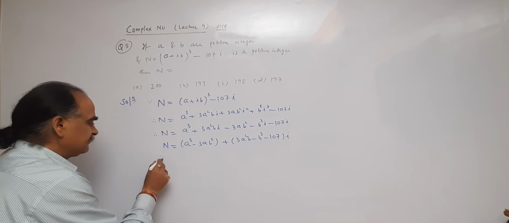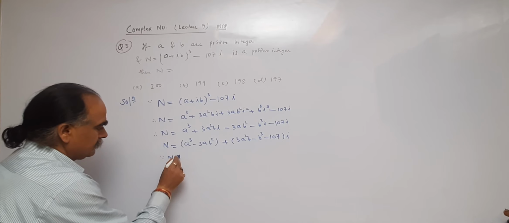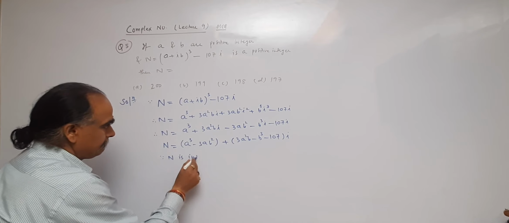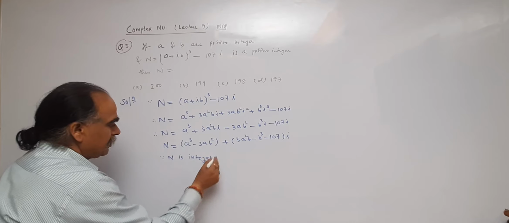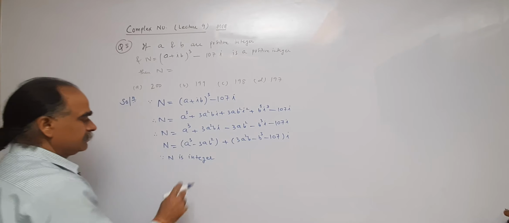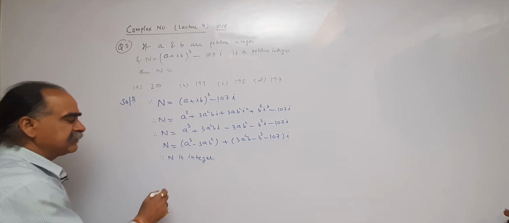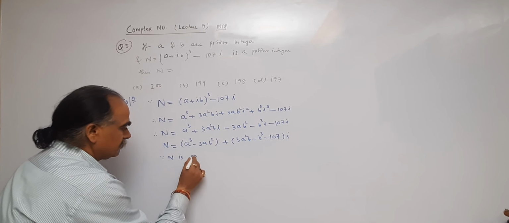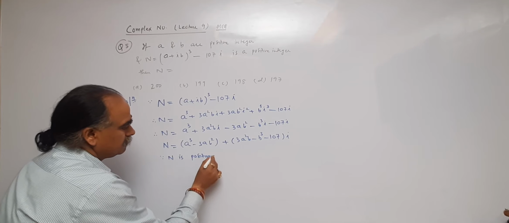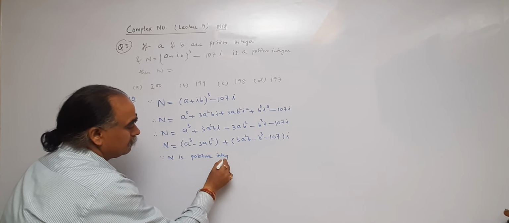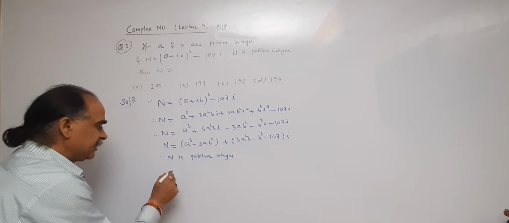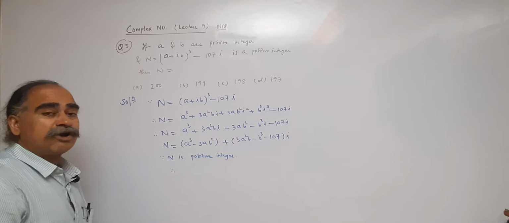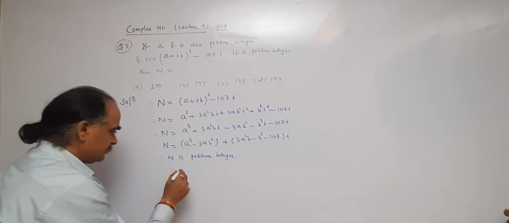Since n is an integer, in fact a positive integer, there should not be an imaginary part.